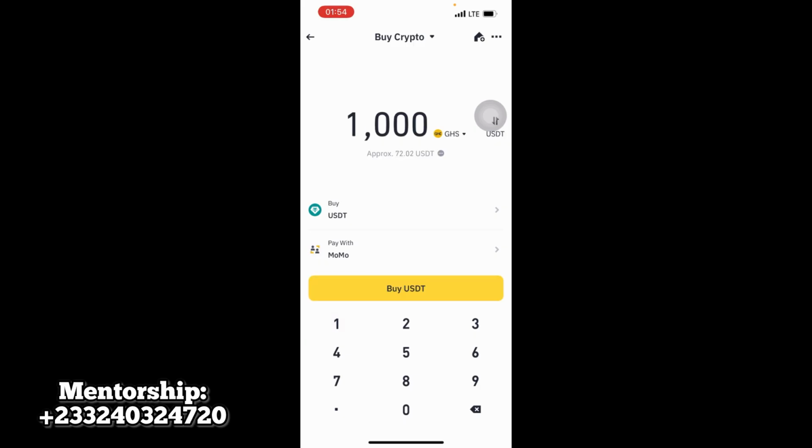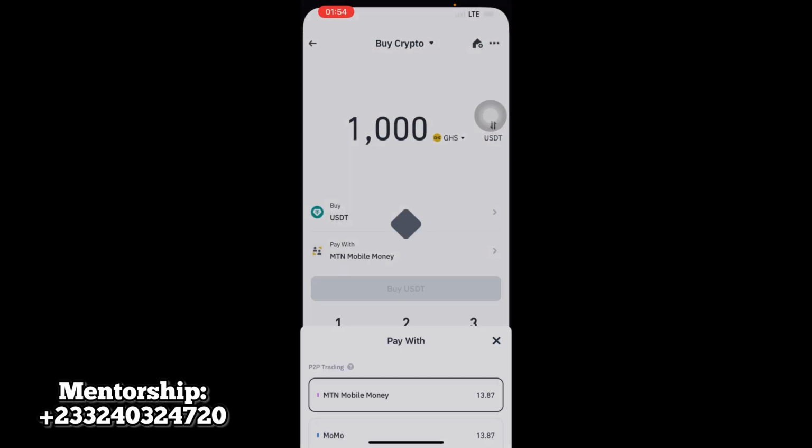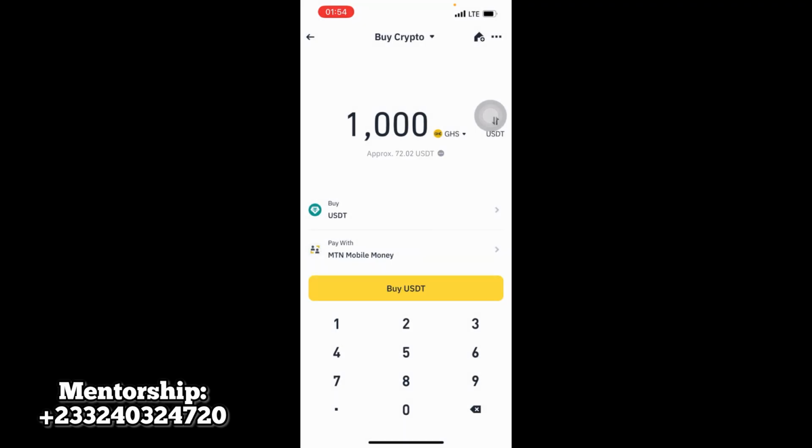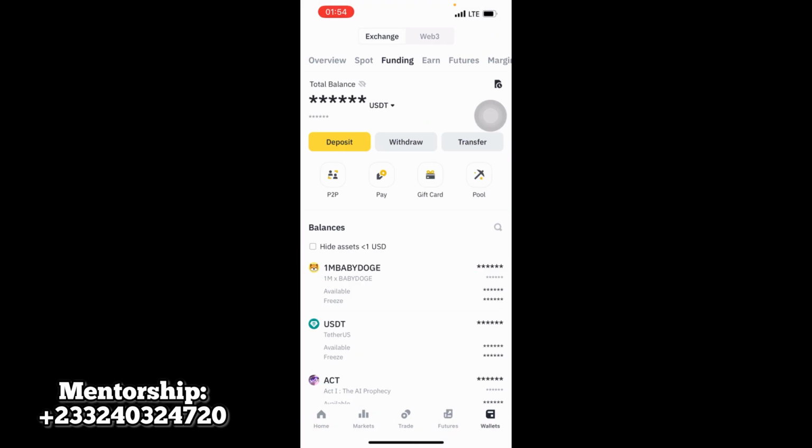Let's say I want to spend 1,000 Ghana cedis for USDT. I'll be getting 72 USDT, and I'm buying it with mobile money. We have bank transfer, mobile money, and others. You can check anyone that you want, and you click on buy to make your purchase.